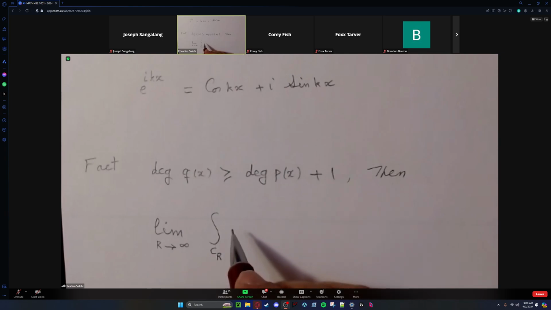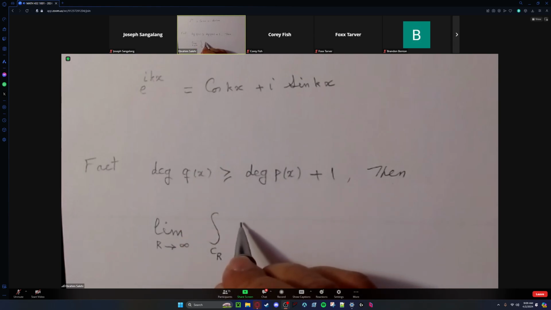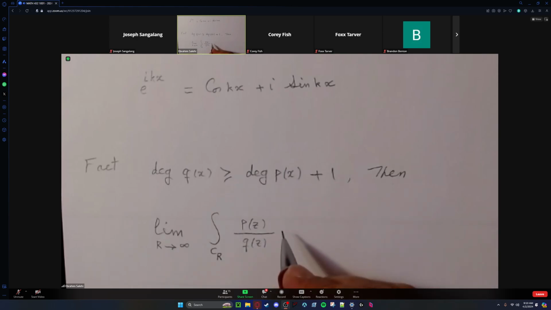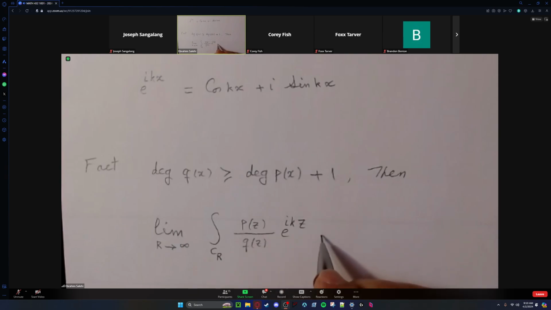So the integral of P(z) over Q(z) times e to the ikz dz. This limit is zero by using the ML inequality, all right?